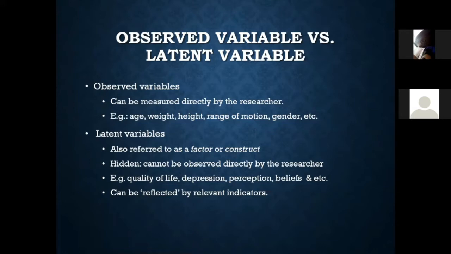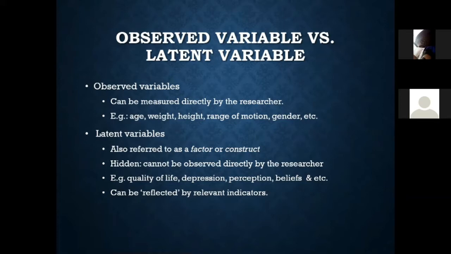Say for instance, quality of life. There is no ruler that can measure quality of life. So direct observation is impossible for quality of life because it is a latent variable. And then depression, perception, belief, and many more.